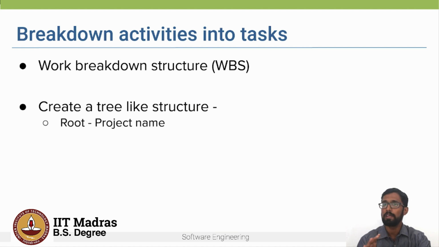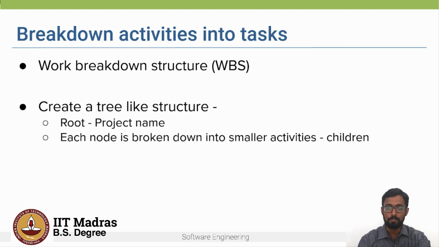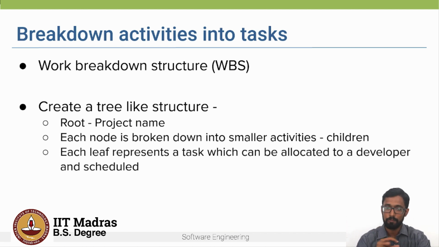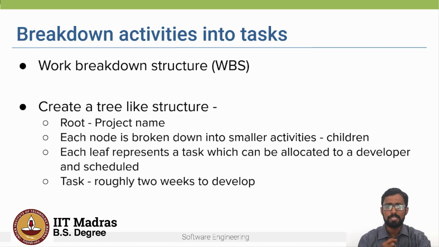The root will have the project name and each node is broken down into smaller activities, which are the children of the node. And then finally you come down to the leaf. Each leaf represents a task which can be allocated to a developer and which can be scheduled. And each task takes roughly 2 weeks of development time.